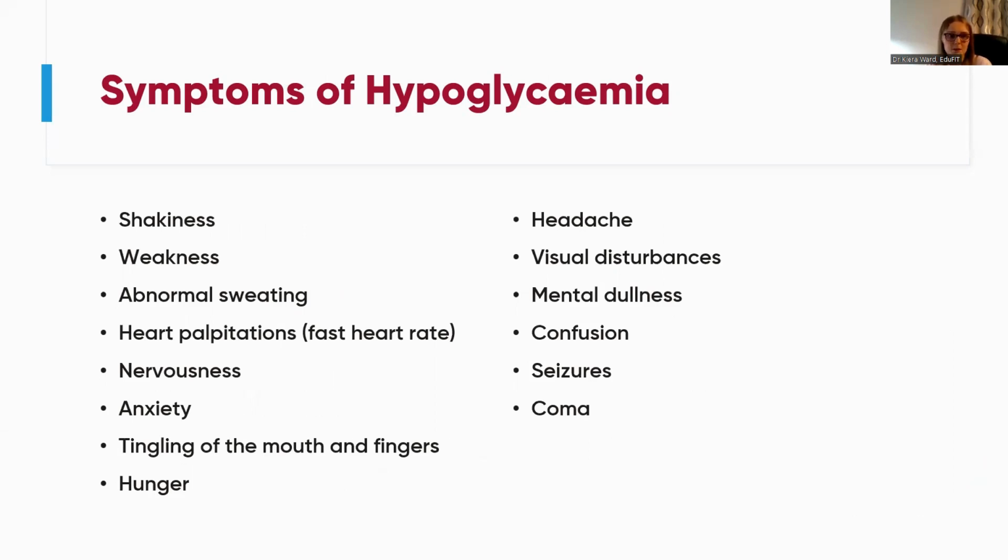So again, it can happen to any of us, but just to list a few symptoms, we have shakiness, weakness, abdominal sweating, heart palpitations, nervousness, anxiety, tingling in the hands and fingers, and hunger. There are also additional ones of headache, visual disturbances, mental dullness, confusion, and serious ones, seizures and comas.